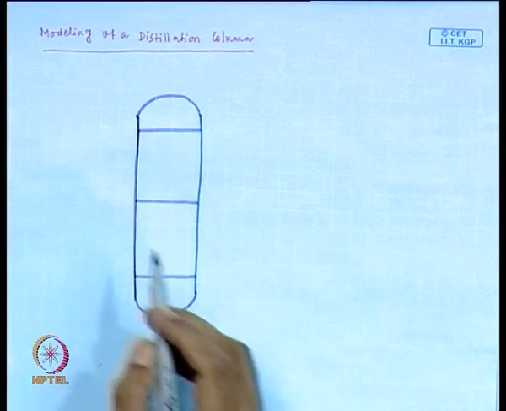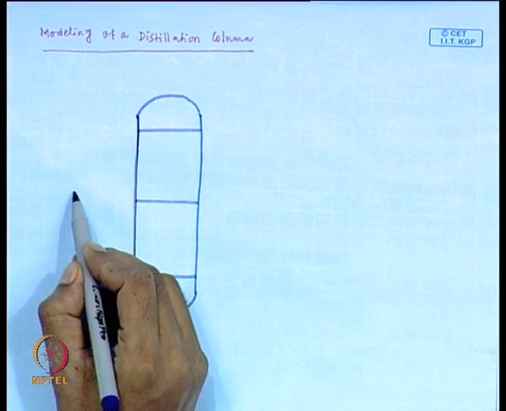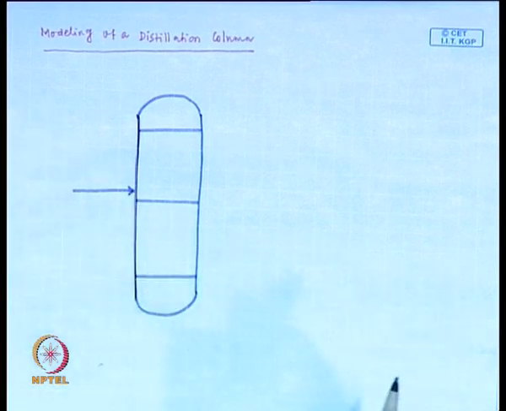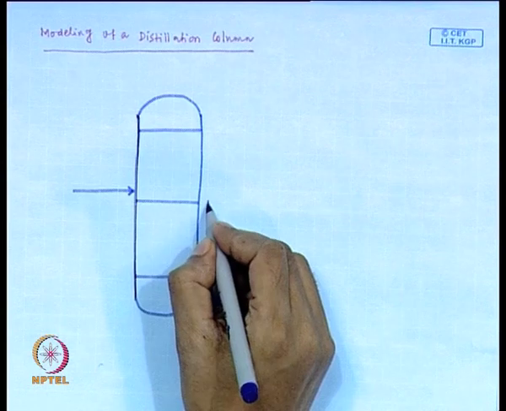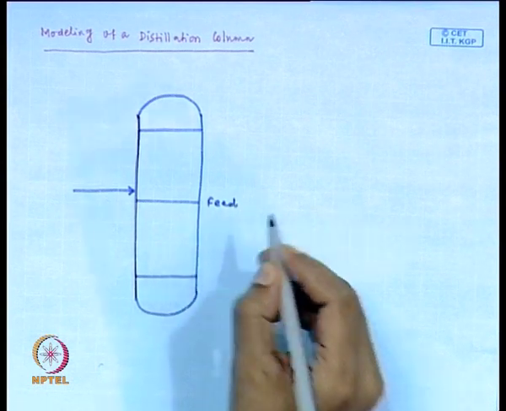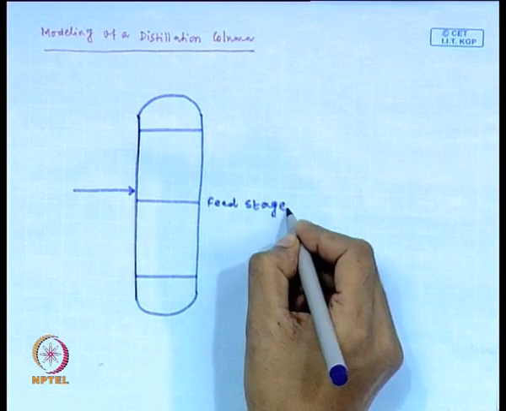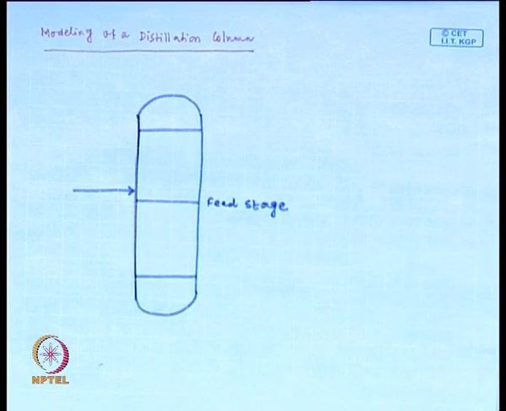Now, feed is introduced to this feed tray. This is the feed stage, or feed tray.